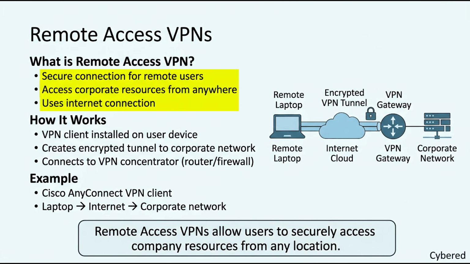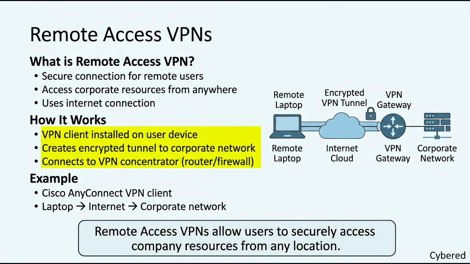Many employees work remotely from home or spend most of their time away from the office. These users still need access to corporate resources such as file servers, applications, and internal systems. A remote access VPN allows remote users to securely connect to the corporate network over the internet.